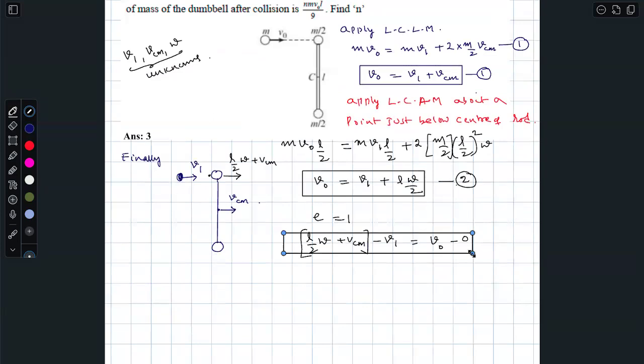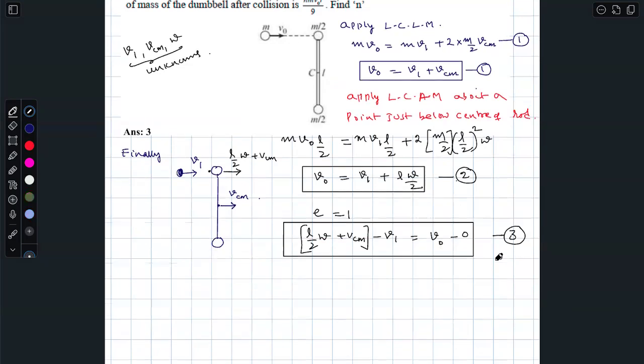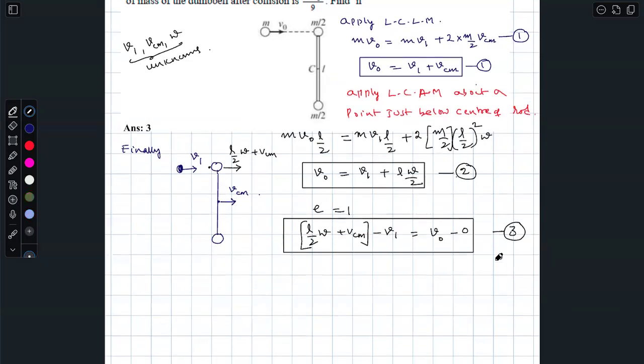Are you convinced with these 3 equations? Yes or no? Clear?